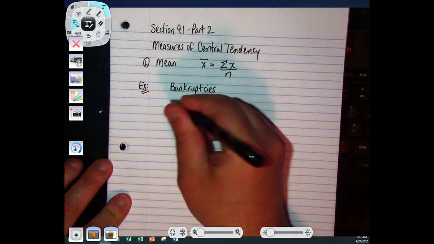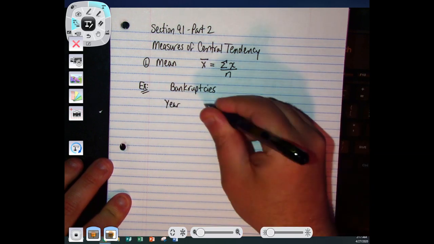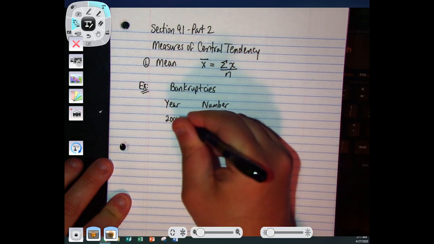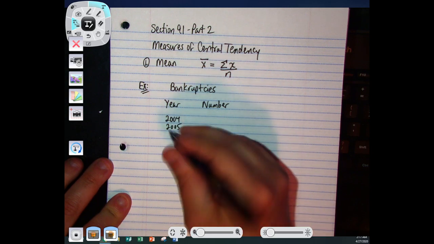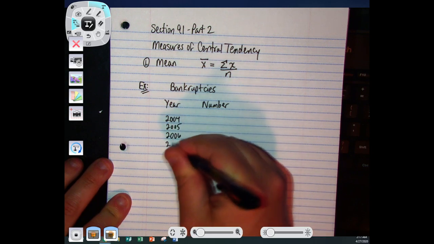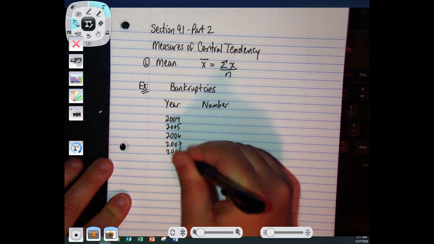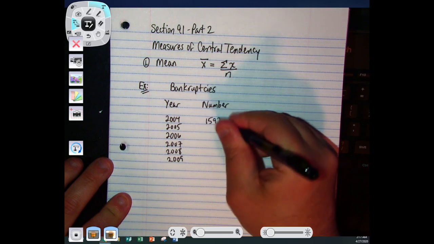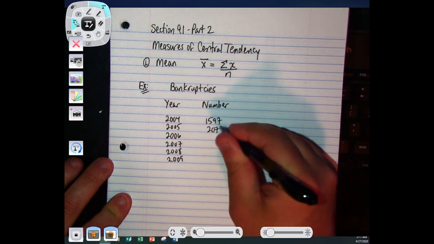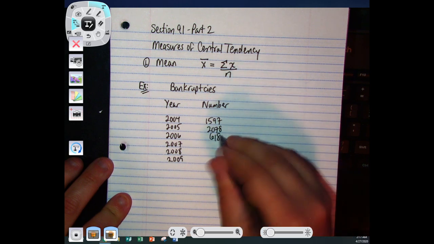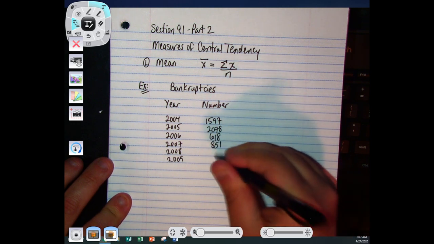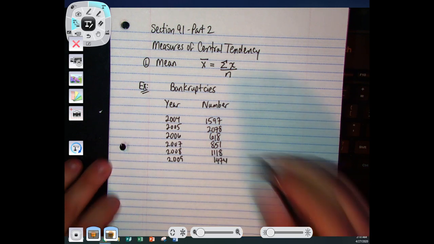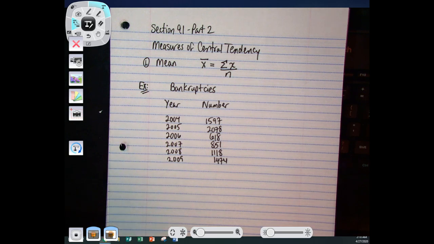We're given the years and the number, and we're given the years 2004, 2005, 2006, 2007, 2008, 2009, and they give us the values 1597, 2078, 618, 851, 1118, and 1474. And it'll say calculate the mean of the number of bankruptcies.